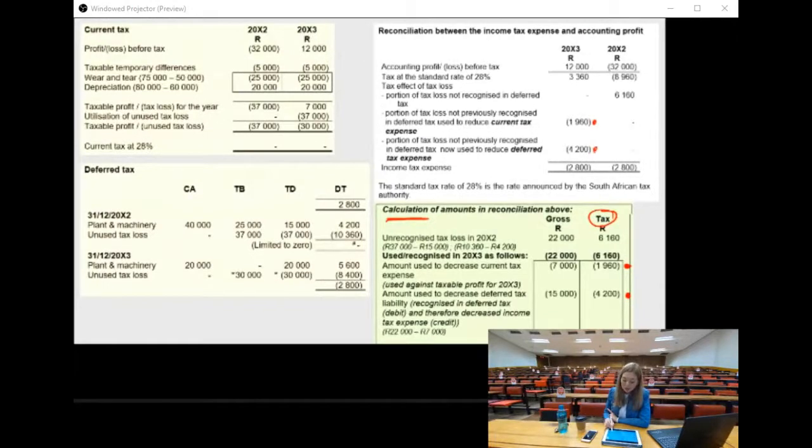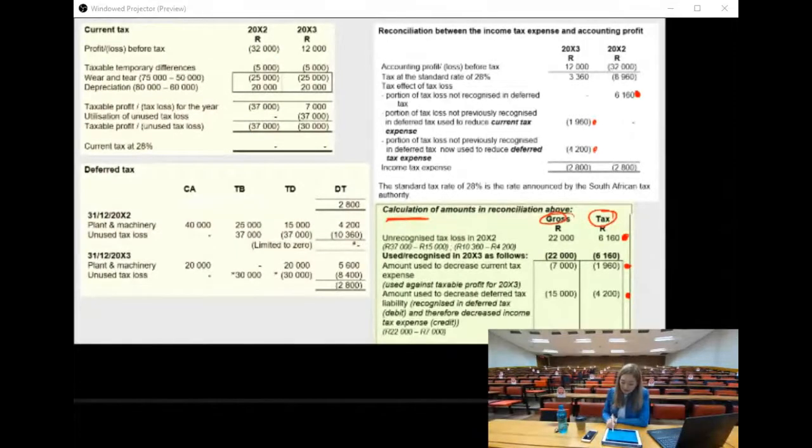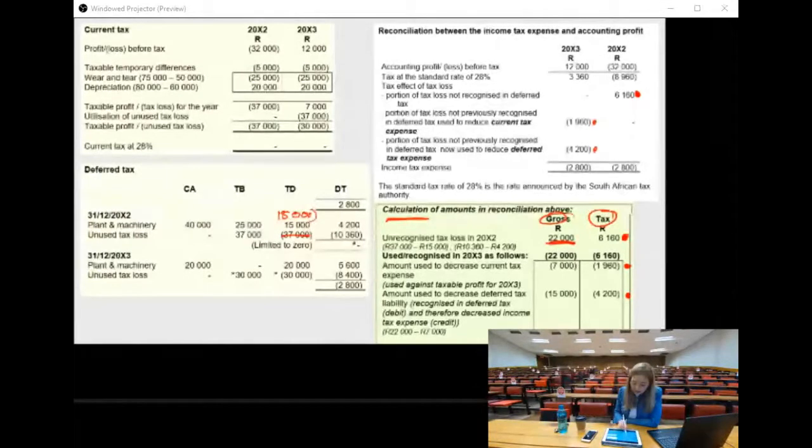If we now look at what the gross amount is that this tax amount relates to, we see that the unrecognized portion of 6,160, so that's the unrecognized portion from the prior year, first of all, the gross amount is 22,000. We were only able to recognize 15,000 over here.